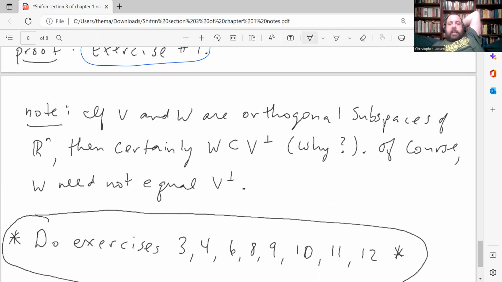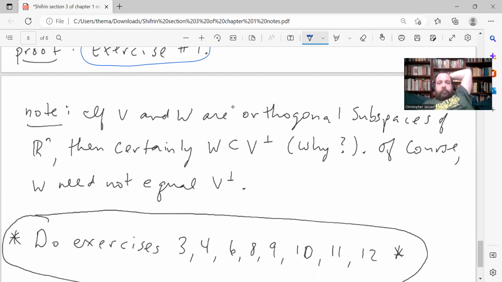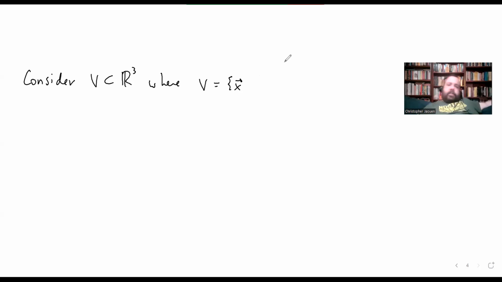Just to see why that's the case, maybe I'll do this on the whiteboard as well, just so there's space. So if you consider a subspace of R3, where V is, let's say, actually, let's do this even simpler.